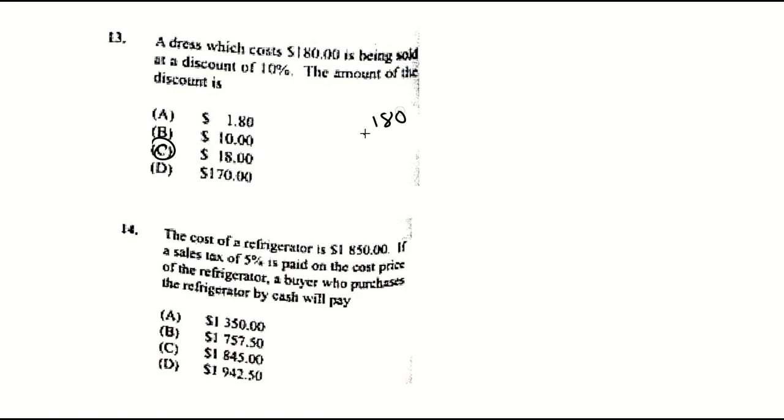We could say 180 over 1 multiplied by 10 over 100 is 18. The cost of a refrigerator is $1,850. If a sales tax of 5% is paid on the cost price of the refrigerator, the buyer who purchased the refrigerator will, by cash, pay.